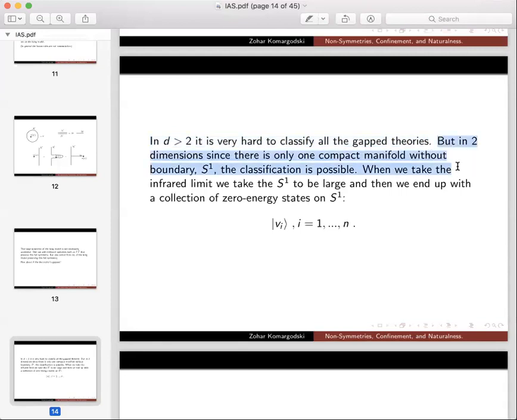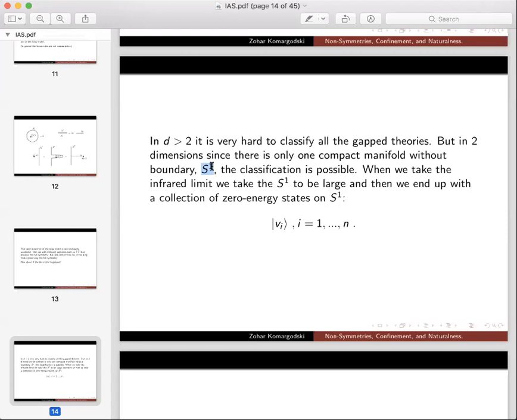But in 2 dimensions, namely 1+1 dimensions, there is only one possible compact space-like manifold without boundary, and it's the circle. And so a gapped 2-dimensional theory is pretty easy to classify. The technical term is the Frobenius algebra, but you don't need to know anything about it for this talk.